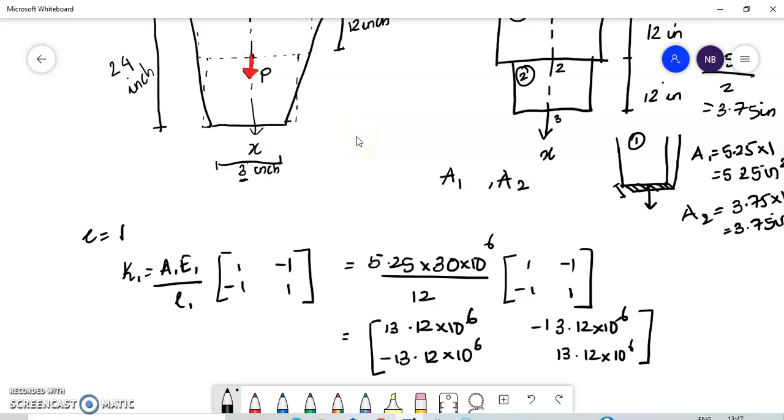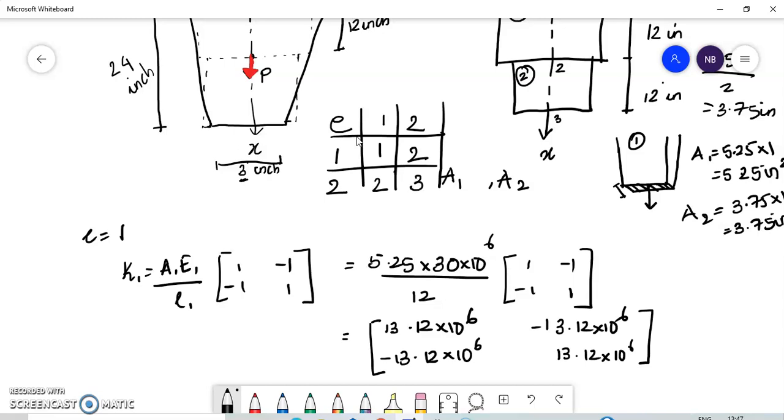Here we need the element connectivity table. So we have element and nodes 1 and 2. For element 1, the first node number is 1 and the second node number is 2. Similarly, for element number 2, the first node number is 2 and the second node number is 3. The degrees of freedom we shall write here.